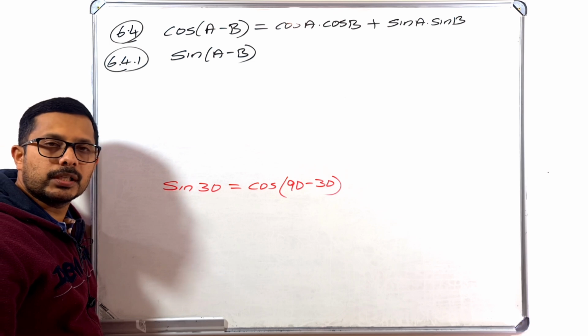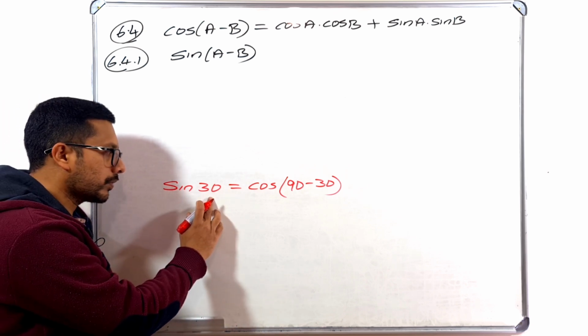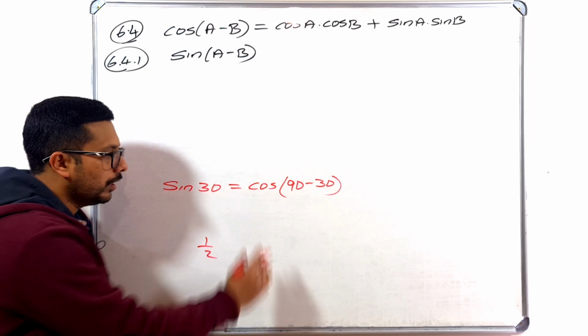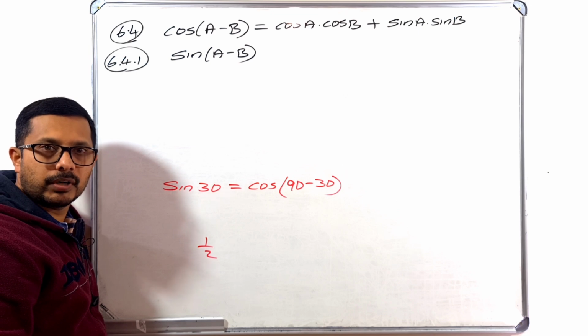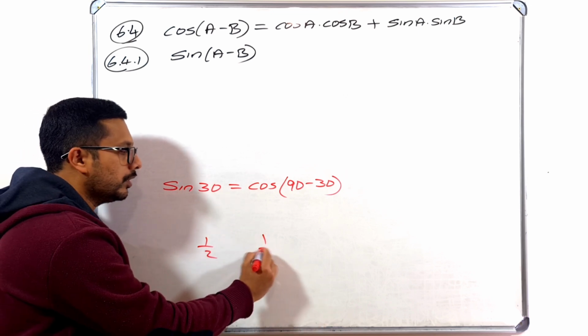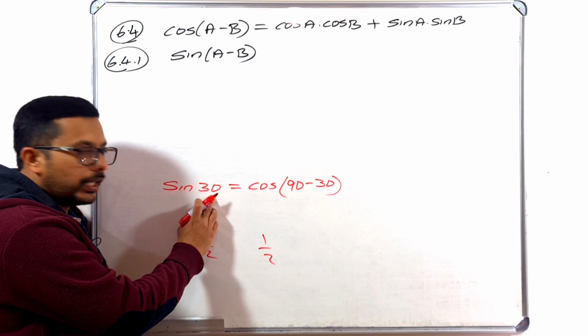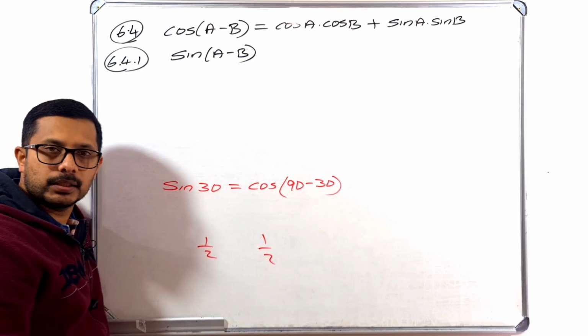What is 90 minus 30? 60. Check in your calculator what is sine 30. You will get a half. Cos of 60, check in your calculator, that one is also half. So sine of 30 you can write as cos of 90 minus 30.